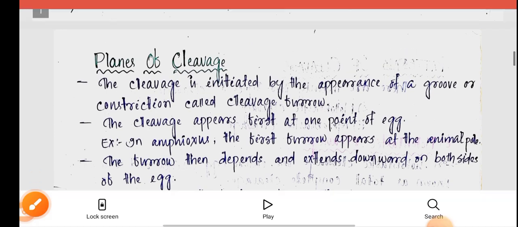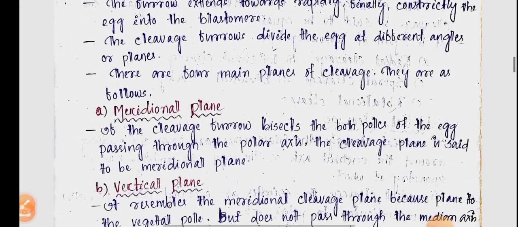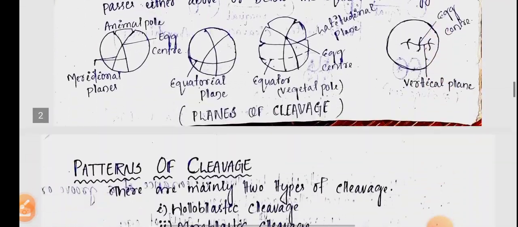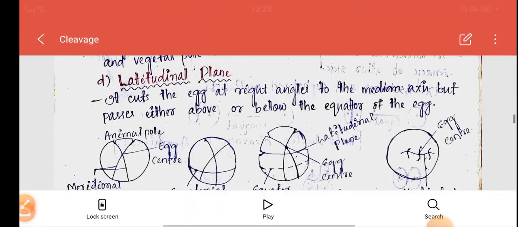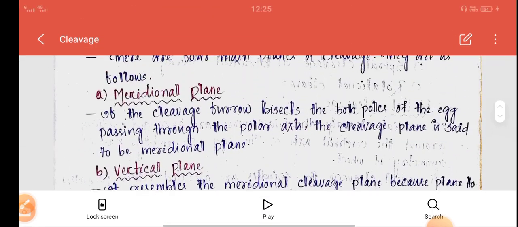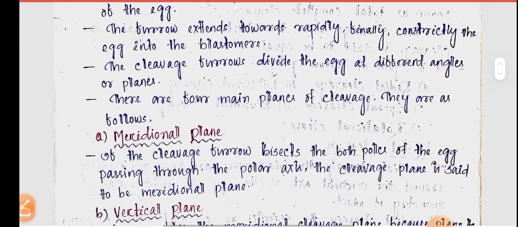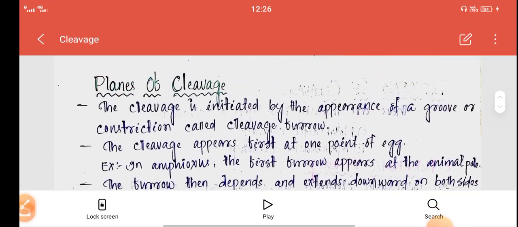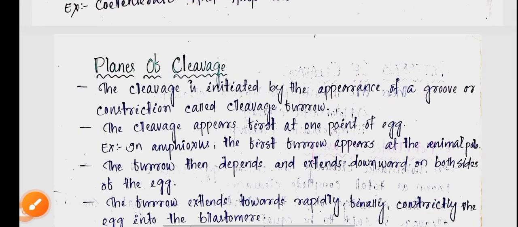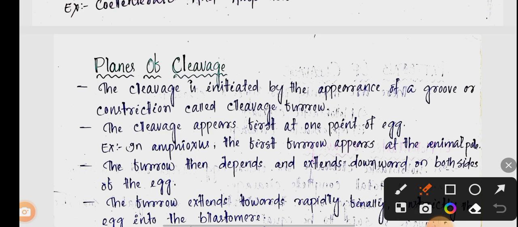So, let's discuss the planes of cleavage. There are four types of planes. The cleavage is initiated by the appearance of a groove or constriction called the cleavage furrow.